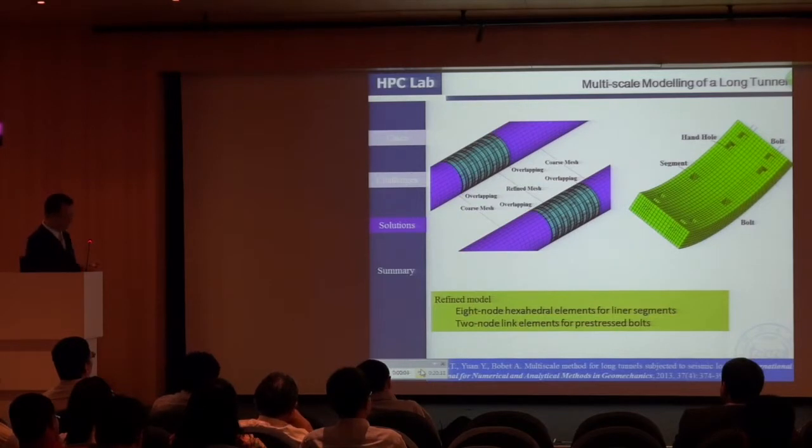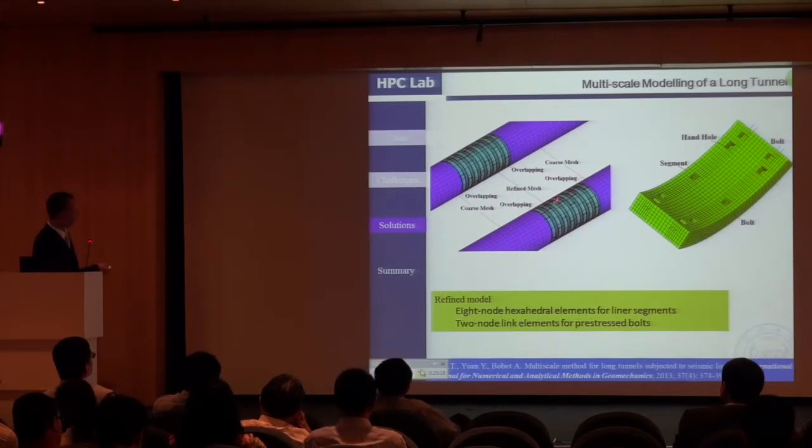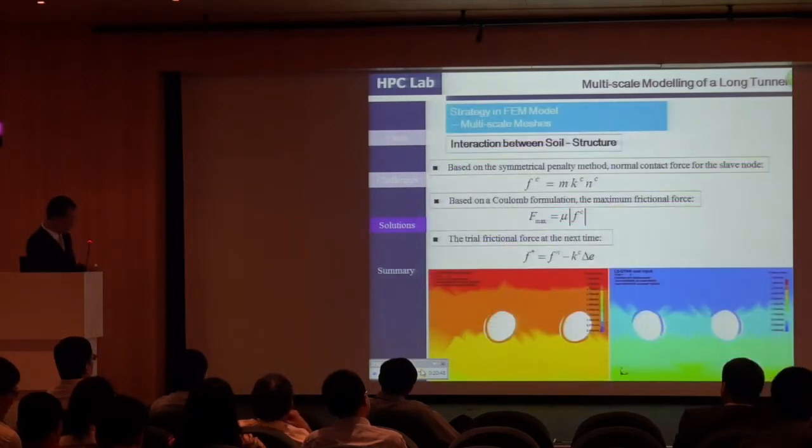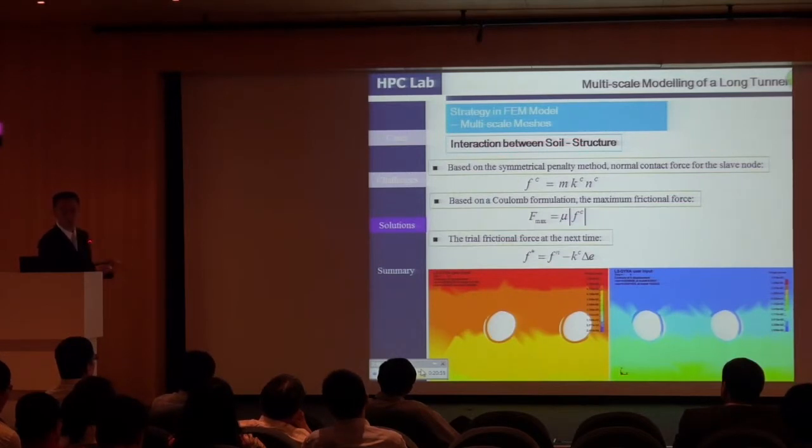With this method, we applied it to typical parts of the antenna, and for the specific part, we use the refined mesh, and for the other part, we just use a fine mesh. So we can also introduce the traditional soil structure interaction between them using the penetration method.